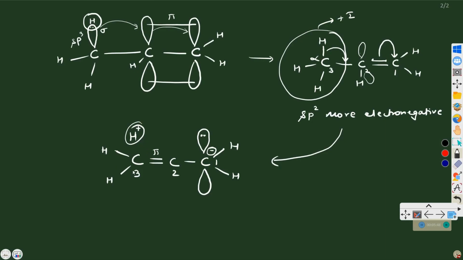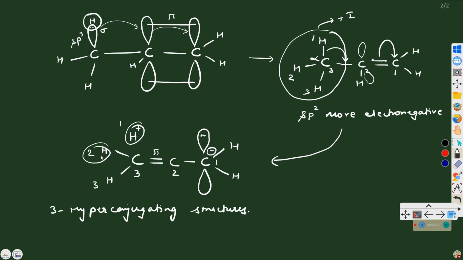Fine. Now there are 3 alpha hydrogens, so there are 3 hyperconjugating structures in total. The more the number of alpha hydrogens, the more the hyperconjugating structures. The second structure will involve hydrogen number 2, and the third structure will involve hydrogen number 3.